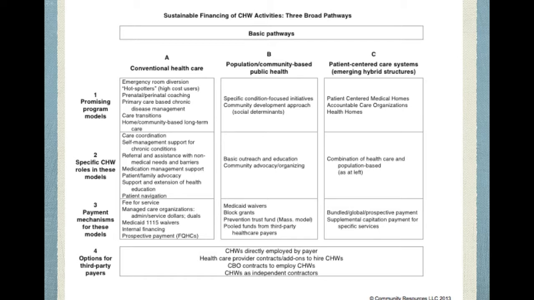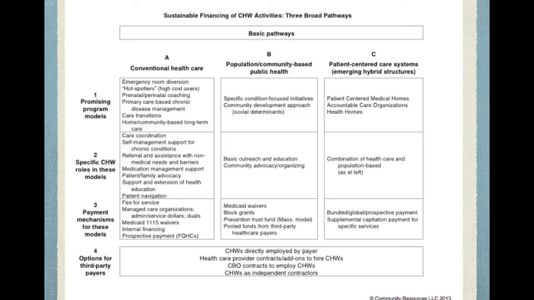Column A on the left, financing through conventional health care. Column B, financing of population or community-based public health activities by CHWs. And column C on the right, representing the new systems of care and payment structures being created as part of healthcare reform, which combine the financing of patient care and some elements of population health.